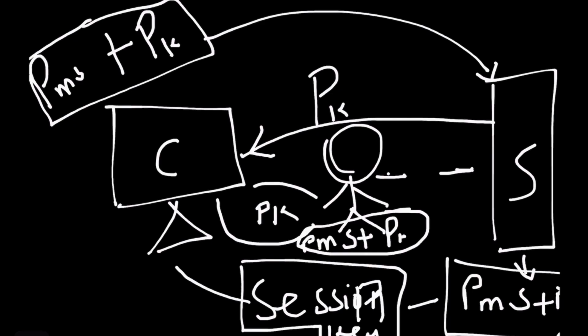So right now the server has a pre-master key, the hacker too has a pre-master key. The server is not part of the communication anymore because you think the hacker is the server. So you'll be communicating with the hacker.